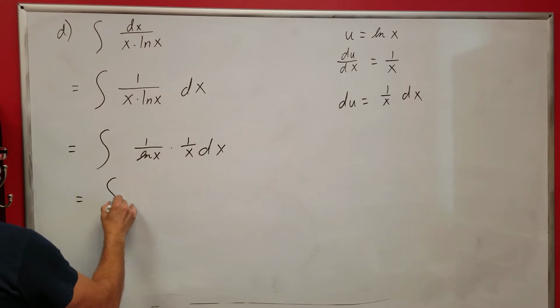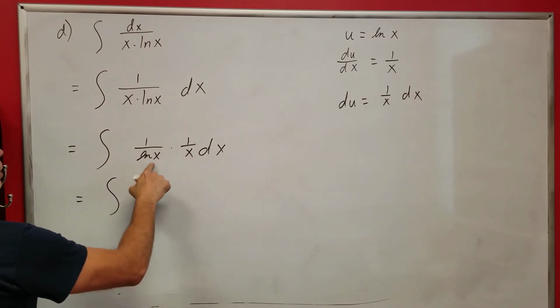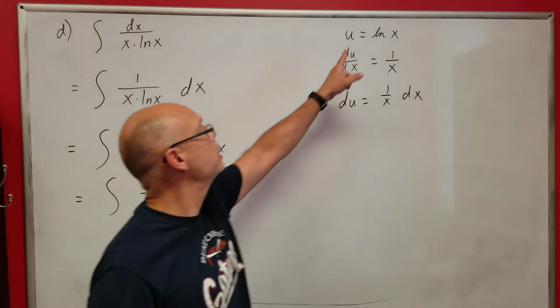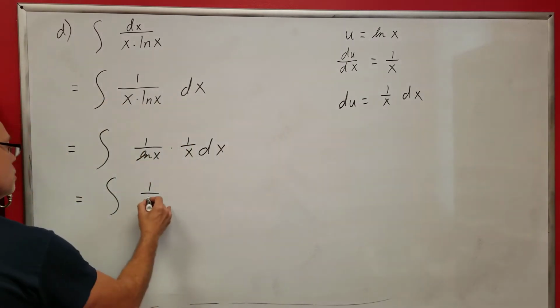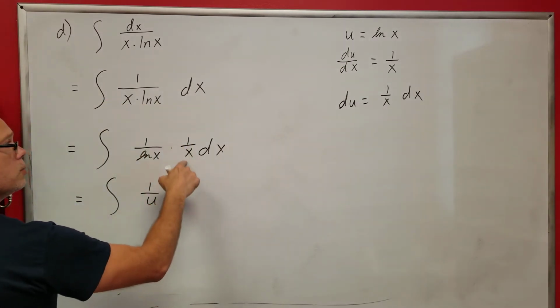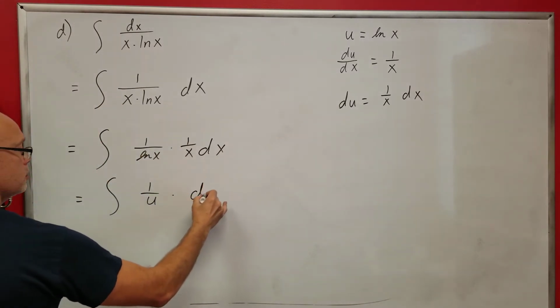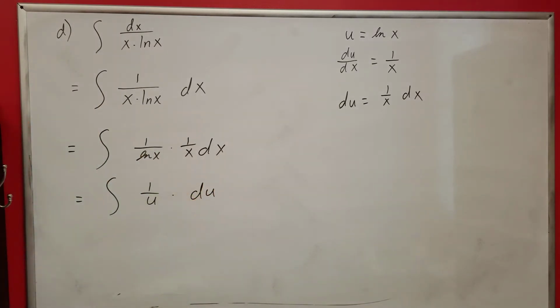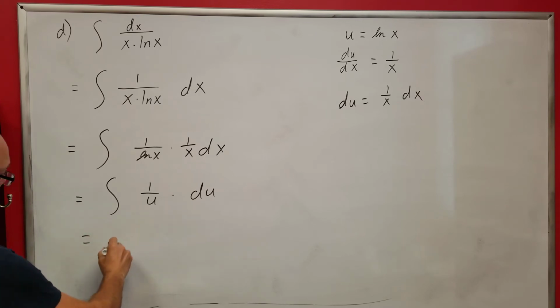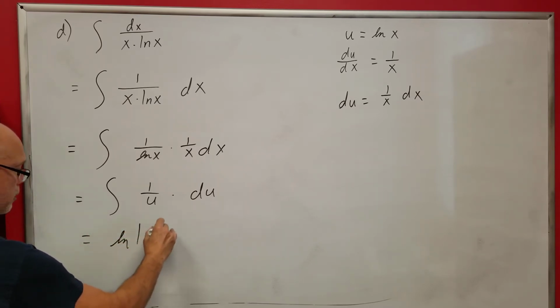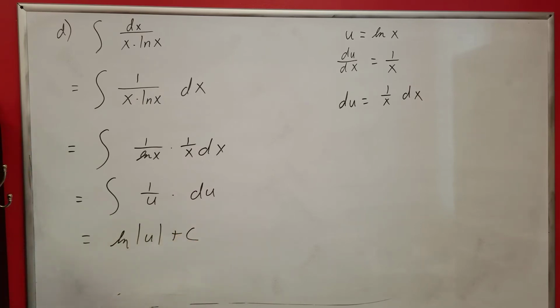So this is the integral of 1 over, what was the natural log of x? What do we call it? u, times, what's 1 over x dx? We call that what? du. Well, what is the antiderivative of this? Natural log of the absolute value of u plus c, right?